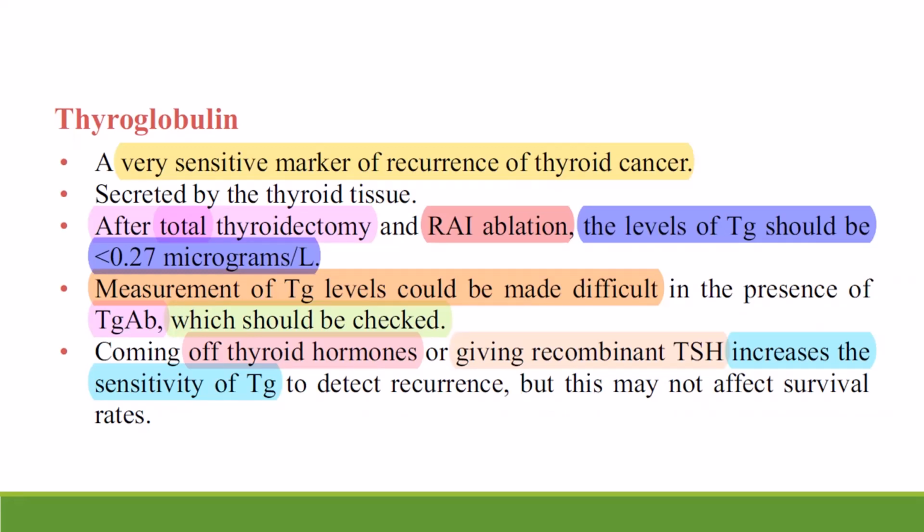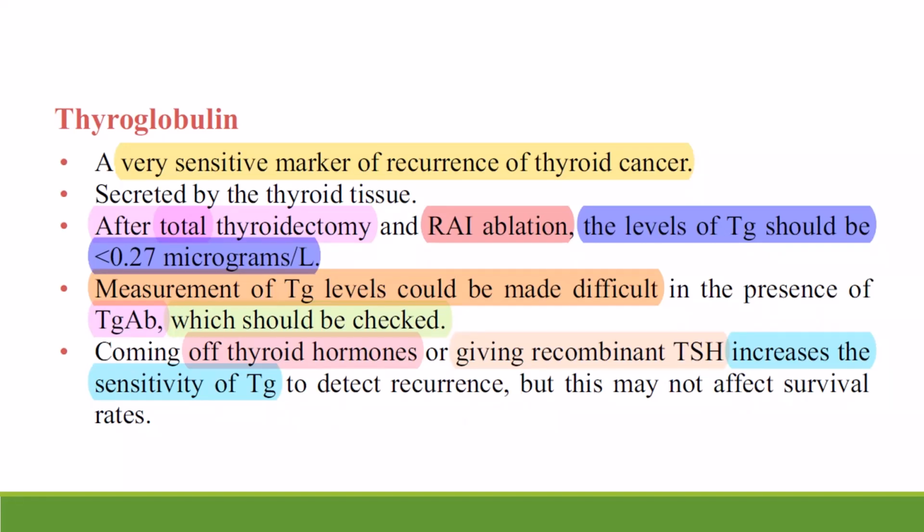Measurement of thyroglobulin level could be made difficult if there is TG antibody. TG antibody will interfere with the assay of the TG, leading to a false low TG. If TG antibody is positive, TG assay will be falsely low. So each time you ask about TG, please do TG antibody.